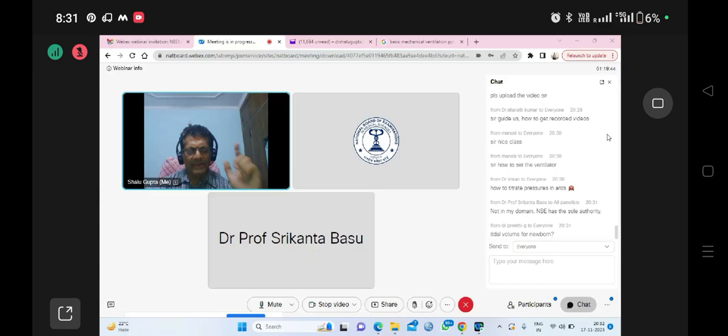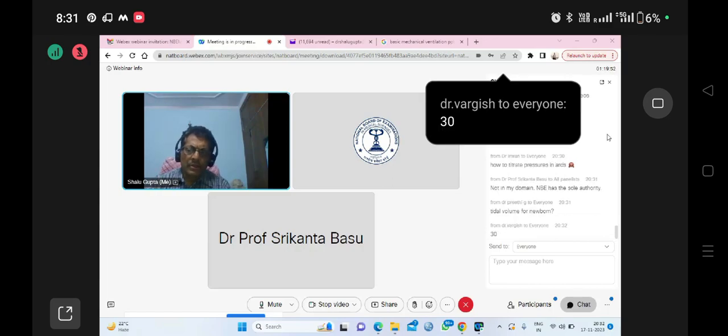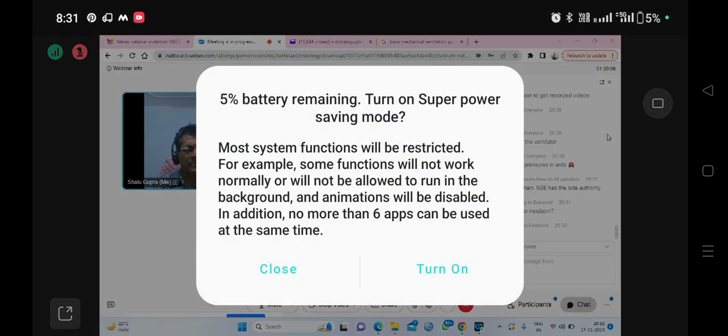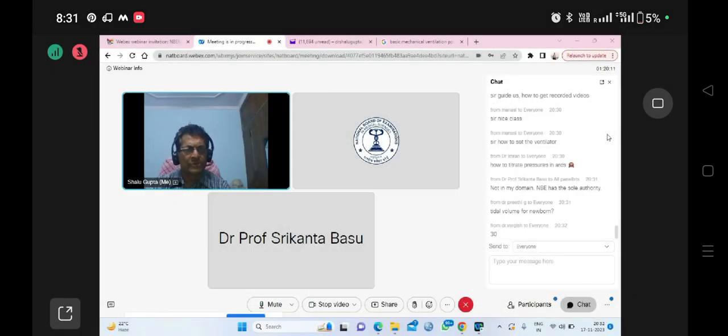But mind you, whenever you are ventilating a child or an infant to achieve a particular goal, one important thing which should always be kept in mind is the concept of VILI, that is ventilator induced lung injury. We are sometimes too overenthusiastic to achieve our targets, so that we just skip the fact that these pressures, volumes, flows or inspiratory times which we are giving to a child or a lung can sometimes be counterproductive.